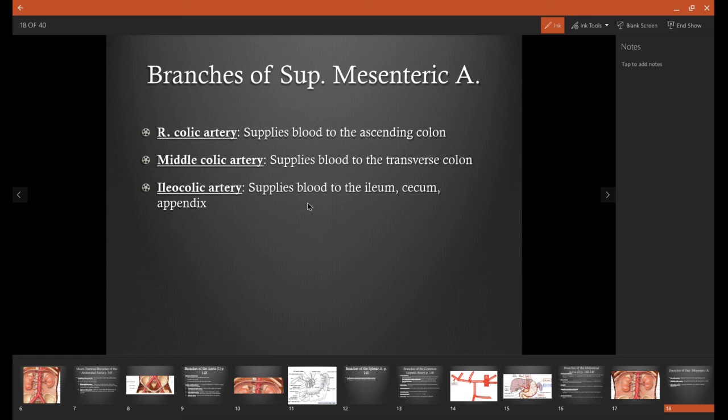This artery will have a little bit more branches, but it's going to take blood to the ileum and the cecum. Remember back in the previous chapter with the digestive structures, the ileum is the final part of the small intestine, and it comes into contact with the very first part of the large intestine, the cecum. So this artery will take blood to the ileum, the cecum, and also the appendix, which is attached to the cecum.